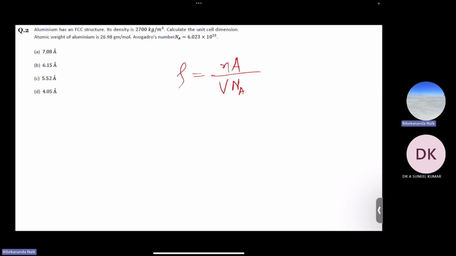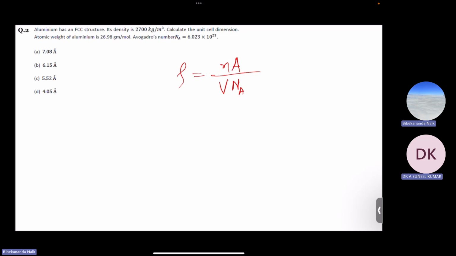Then the atomic weight is 26.98 gram per mole. Yes. Then the Avogadro number is given, 6.023 into 10 to the power 23, and density is 2700 kg per meter cubed.